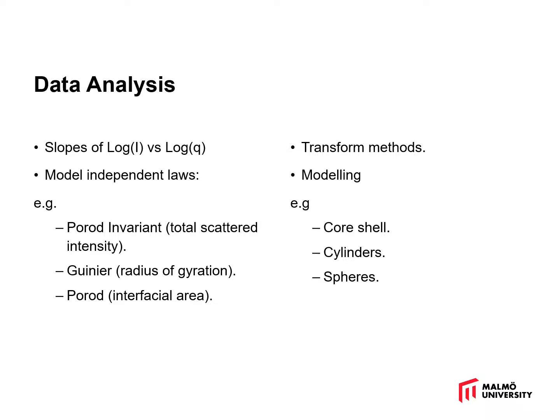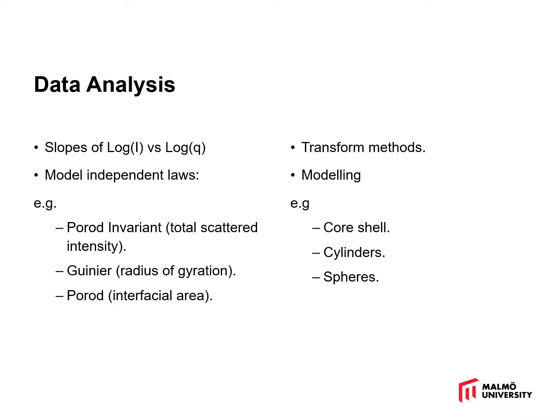The first, which I'll go into an example in a little bit more depth, is just looking at the slope of the log intensity versus log Q plot. And this can give some ideas of the structures or the fractal dimensions of the structures that we're looking at. There's also some model-dependent limiting laws which we've already talked about. I'll just re-mention them briefly.